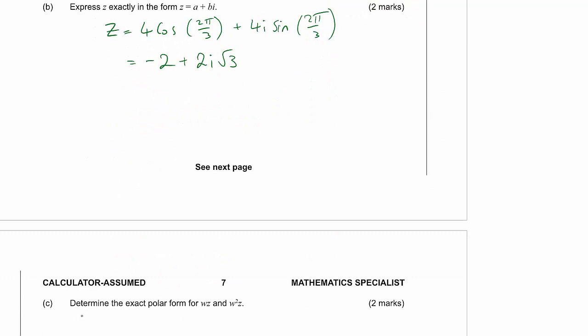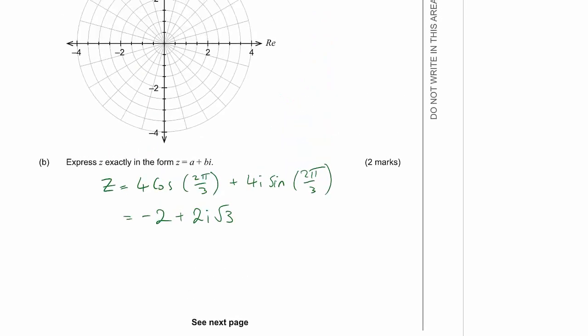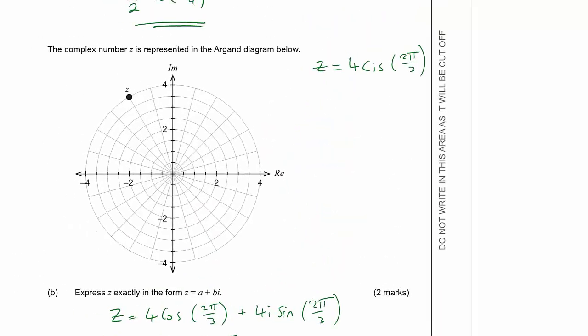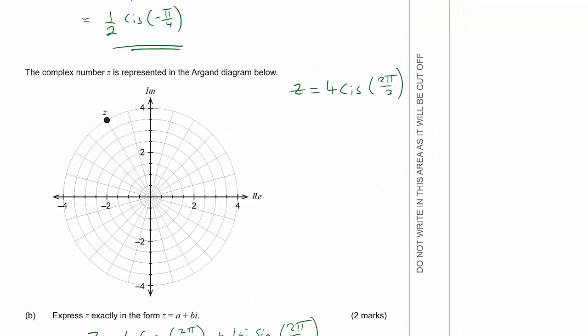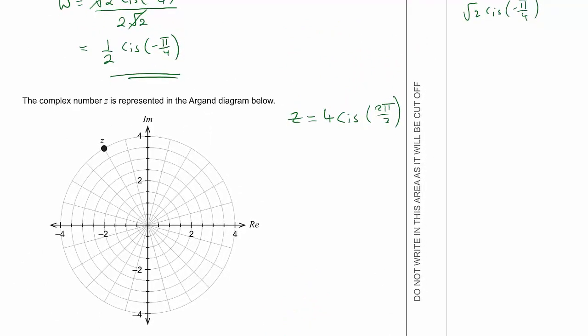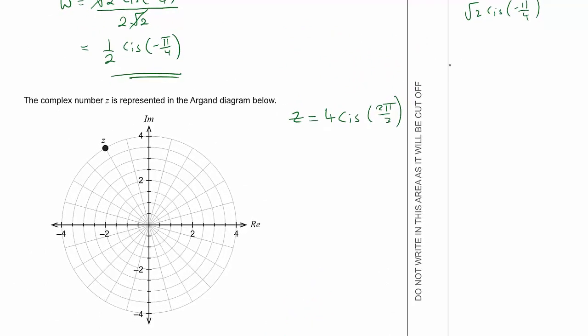Determine the exact polar form for wz and w squared z. I'm just going to work in the space up here so that everything's inside. So we want wz, which is going to be half cis negative pi by 4 multiplied by 4 cis 2 pi by 3.